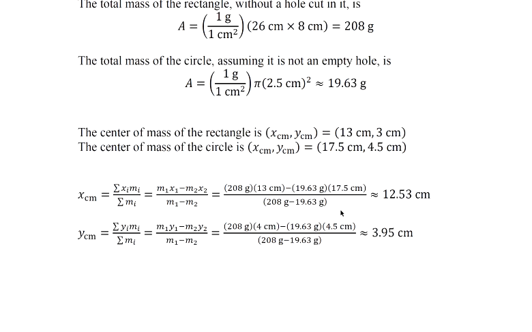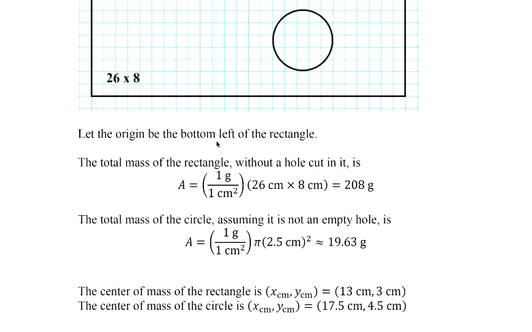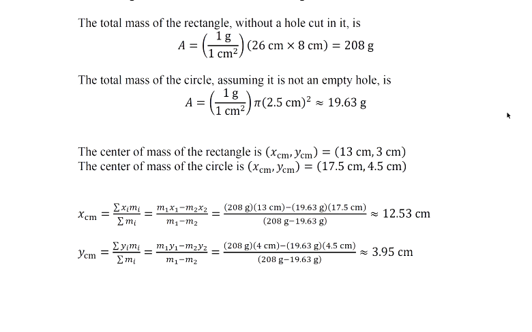Same thing with the y, we're subtracting the circular hole. So the center of mass is now 12.53 comma 3.95. So the center of mass is to the left of 13 because 13 is halfway, and it's 3.95, so it's below 4. So that makes sense since this circle is a little bit above. It makes sense using our intuition.